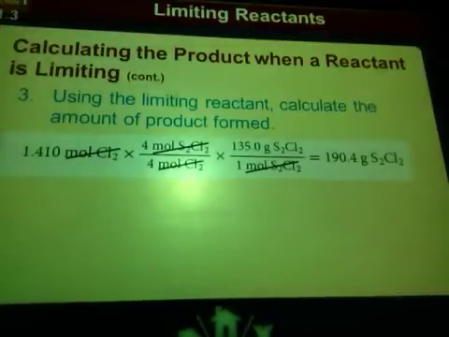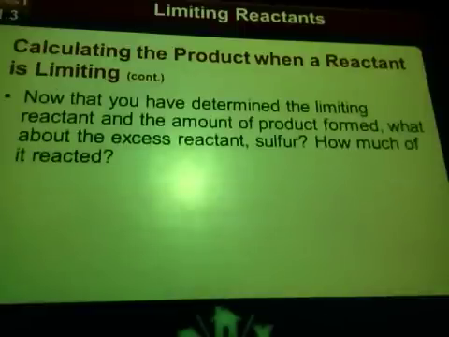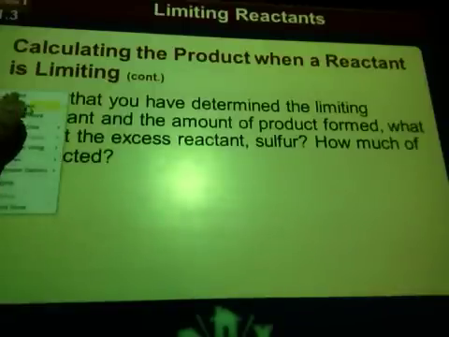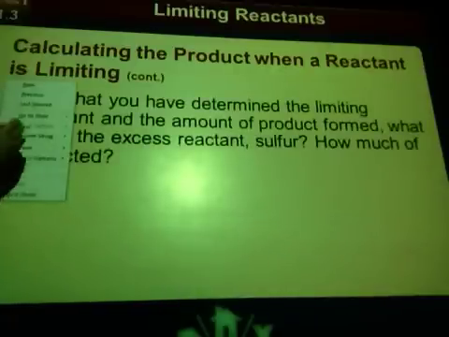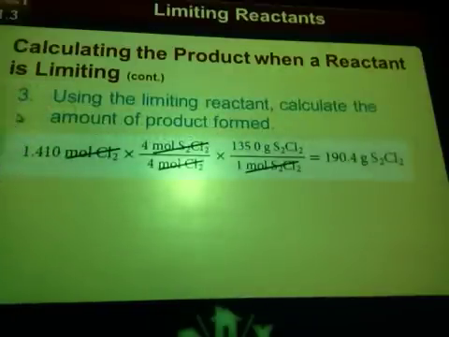So all of these things are just stoichiometry steps again. Okay, so we ended up finding that 190.4 grams of disulfur dichloride could be produced based on my limiting reactant chlorine.